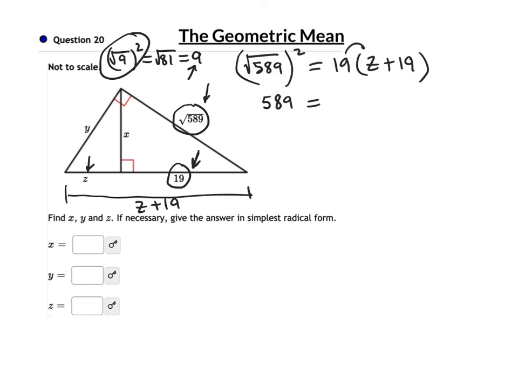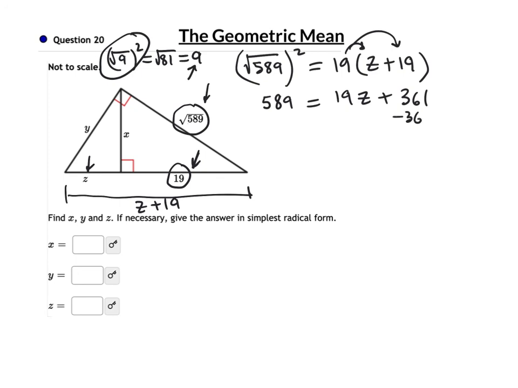We'll distribute, take the 19 to both. 19 times z is 19z. Plus 19 times 19, let's see, 19 squared is 361. We'll solve for z.